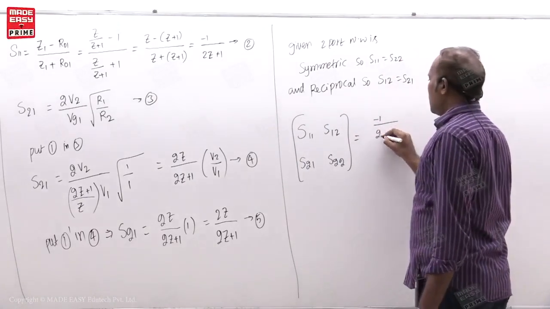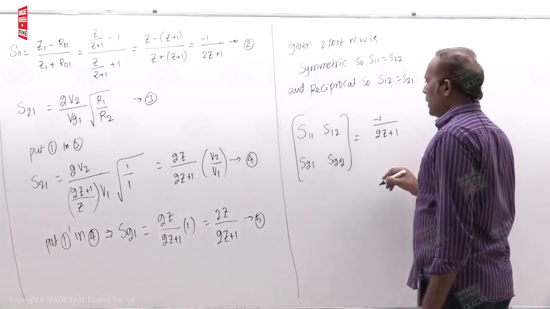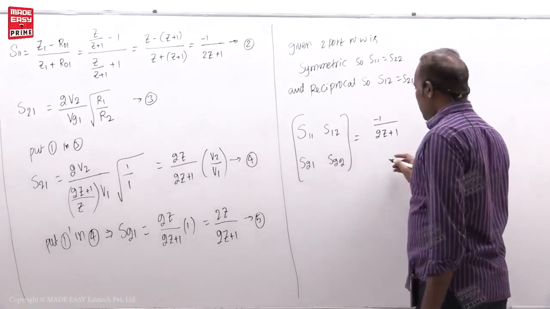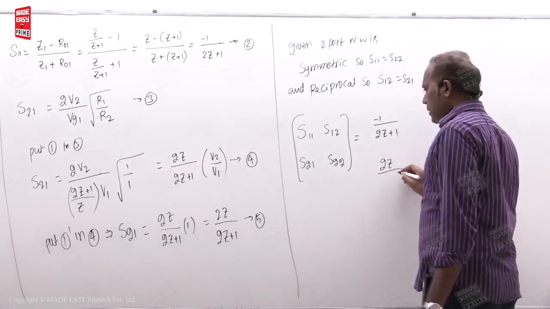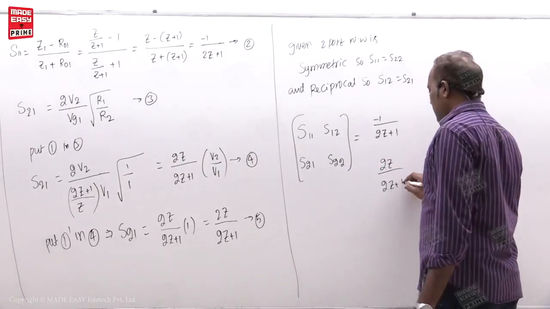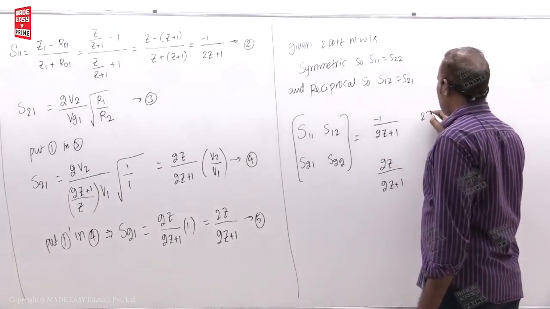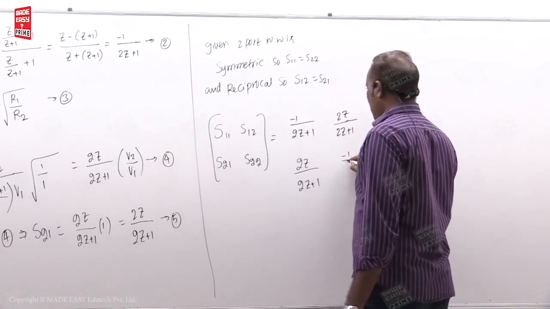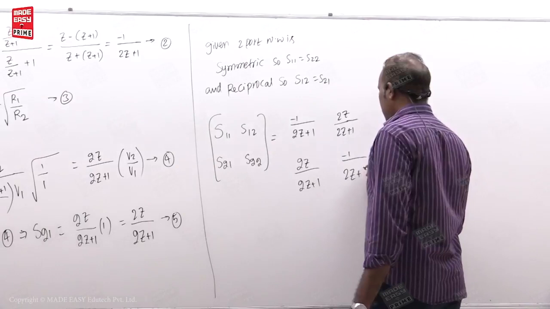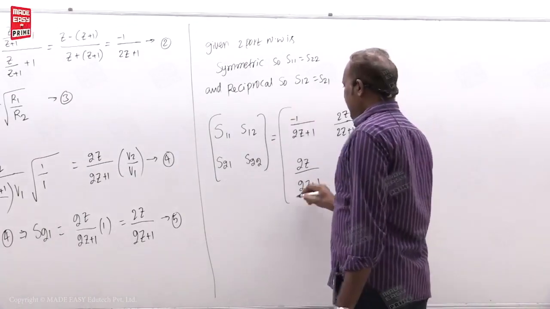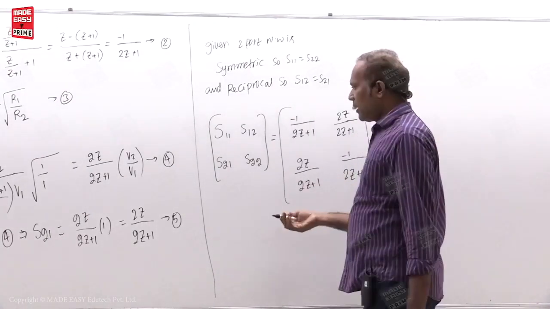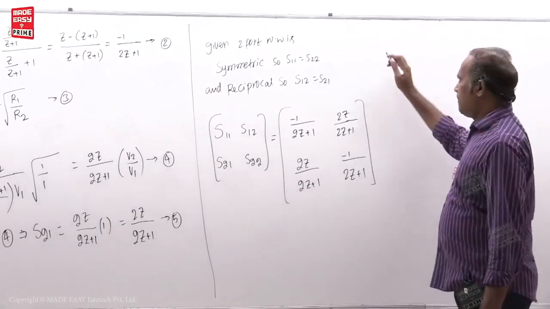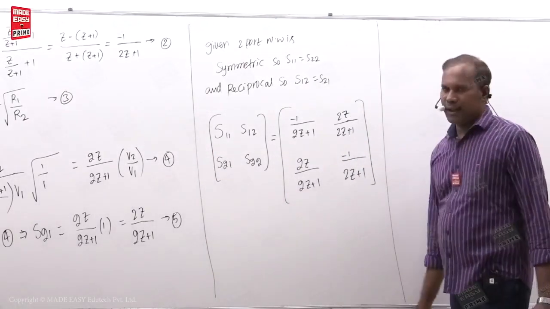Minus 1 by 2 times Z plus 1, and S12, anyway S21 we have solved, that is 2 times Z divided by 2 times Z plus 1, and this is also 2 times Z by 2 times Z plus 1, and minus 1 by 2Z plus 1. So this is the matrix. It is better you remember this one instead of solving this one. You remember this like a standard question.